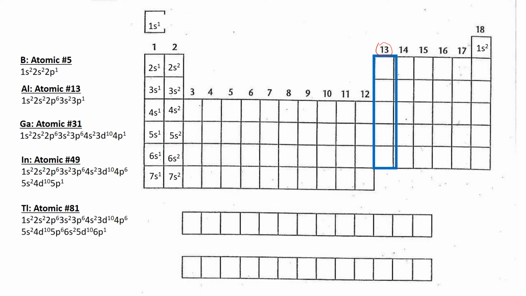And you'll notice that the pattern does hold. We're out of the s's in terms of that last sublevel being filled, and we've moved into the p's. So that's the p sublevel. Oops, I just did the wrong one for that one. It's not the end of the electron configuration for indium. This is the end, 5p1, and this is 6p1.